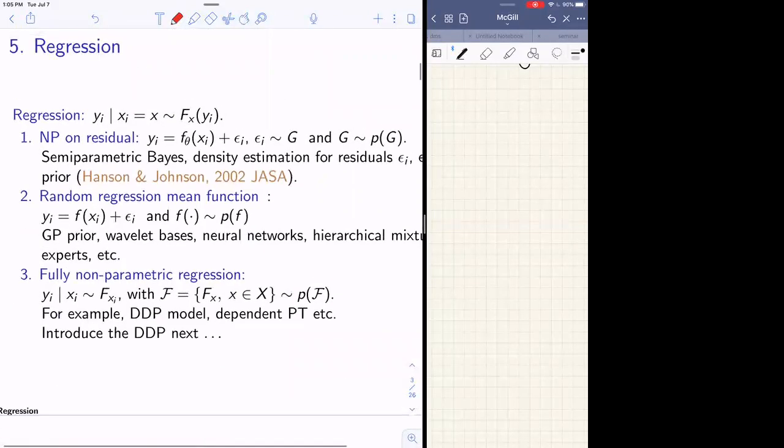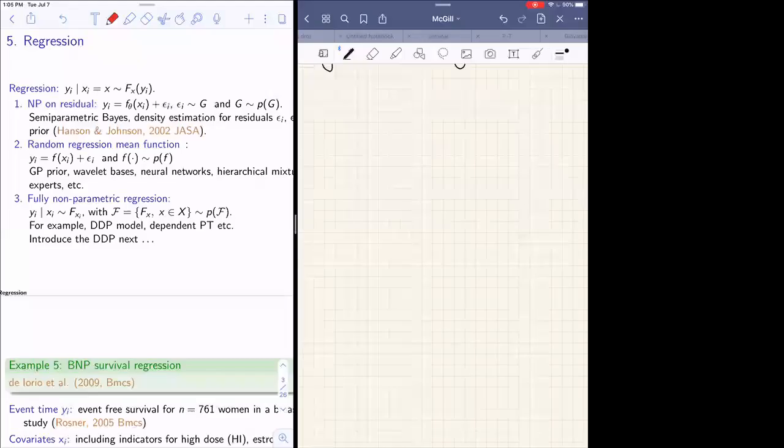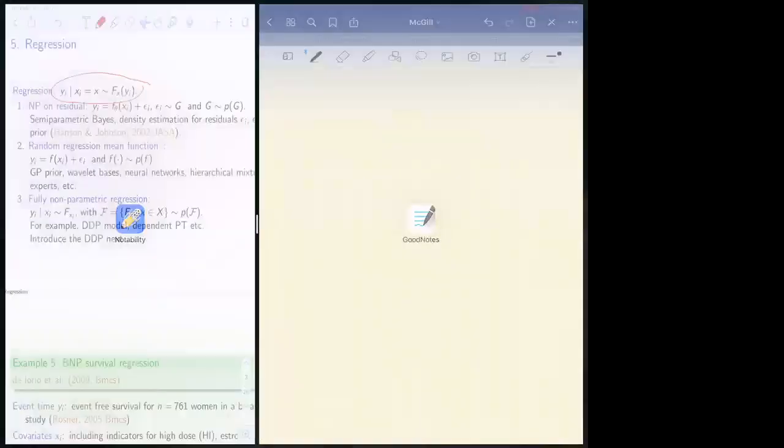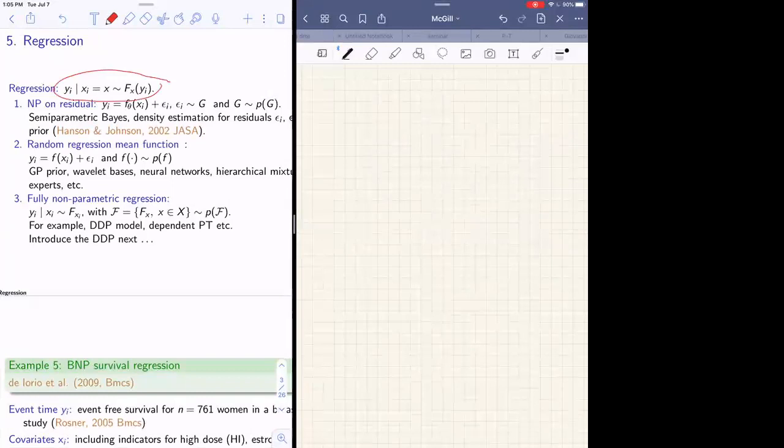Talking about regression in BNP, it is convenient to think about regression as a family of different distributions. I'll make a picture for this statement. For the purpose of the upcoming discussion, it's convenient to think about regression as a family of probability measures.